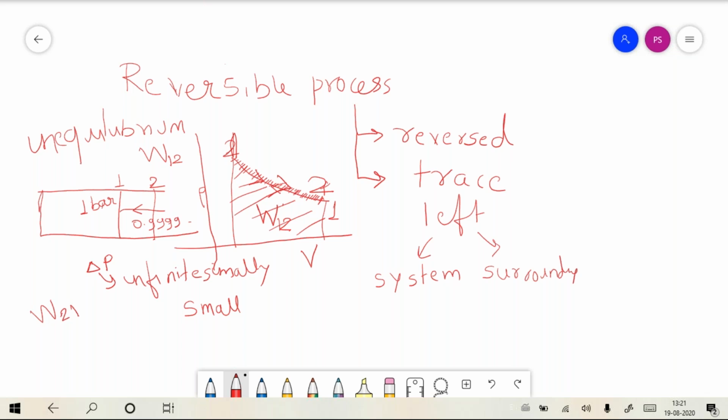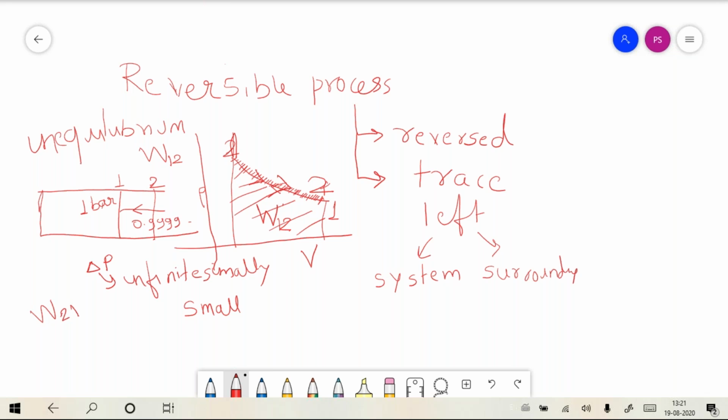It can be reversed and we can get back to the initial state without leaving any trace, either on the system or on the surrounding. So two things are important for the process to be reversible.